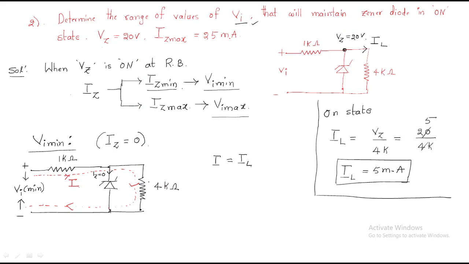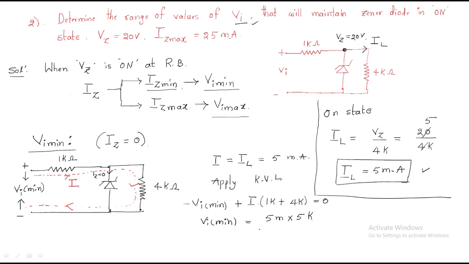Now we apply KVL to the circuit. KVL: the supply minus the minimum input voltage, plus I, the total current, times 1 kilo, plus 4 kilo, equals 0. We already know that the load current is 5 milliamps, so substituting 5 milliamps, VI minimum equals 5 milli times 5k.